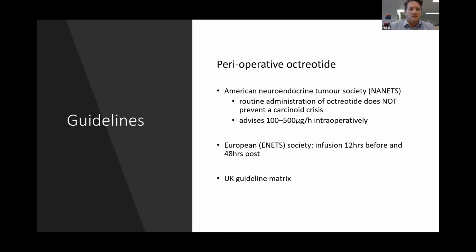So looking at the guidelines, there's American, European and UK guidelines, and they're all different, which always alerts us to the fact that either nothing works or everything works. The American guidelines say that there's no role for octreotide infusion, but they do, however, say that an intraoperative infusion is recommended. The European guidelines say that we should use an infusion before and after and during the surgeries.